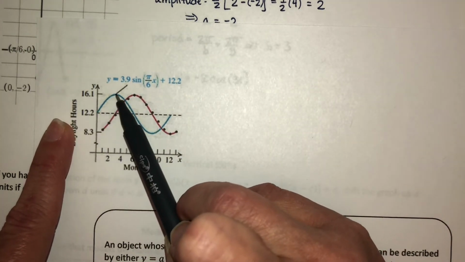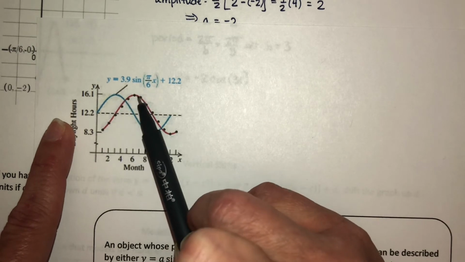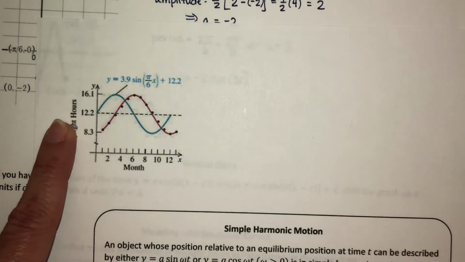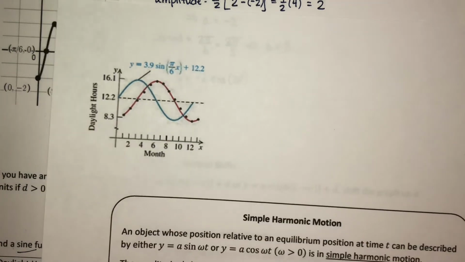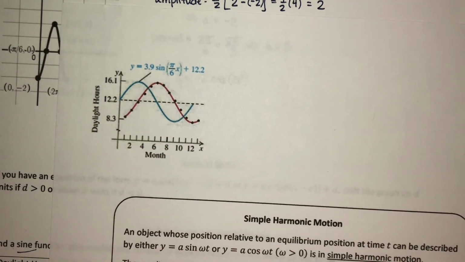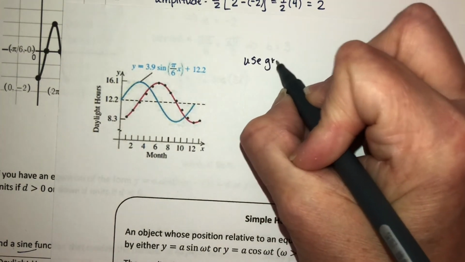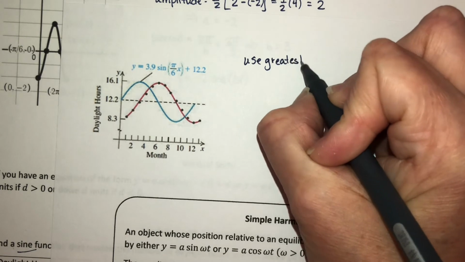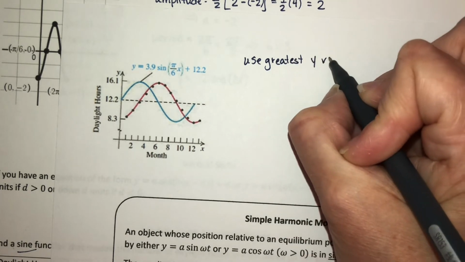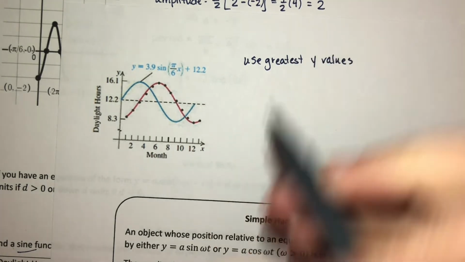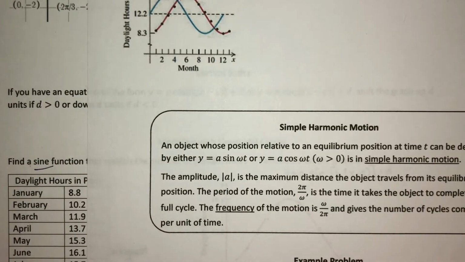And I need to move this point over to here. So what we're going to do is plug in the values for our largest y value. Our greatest y value happened in June.